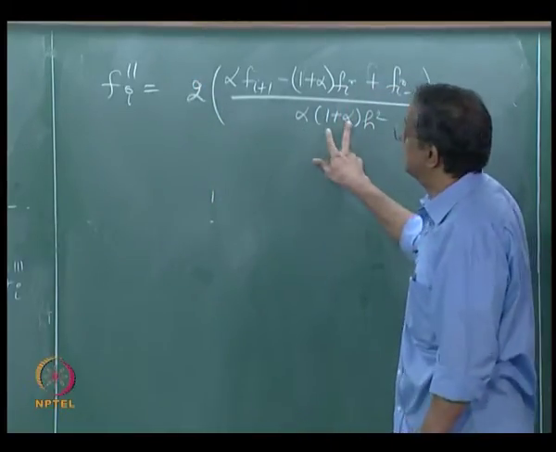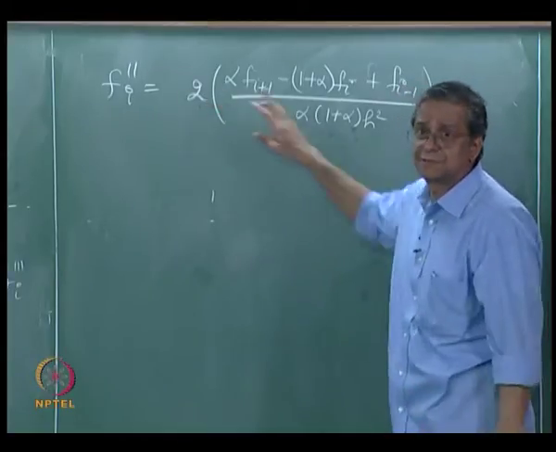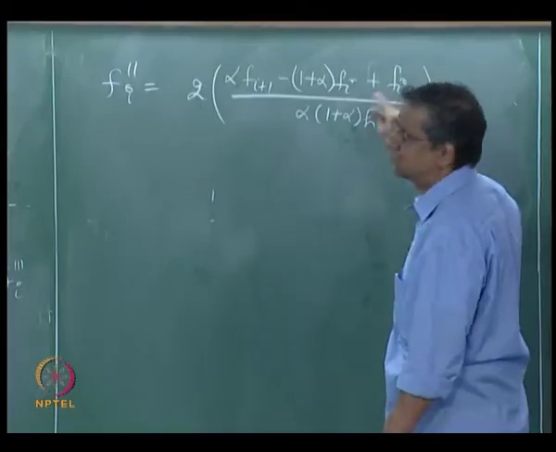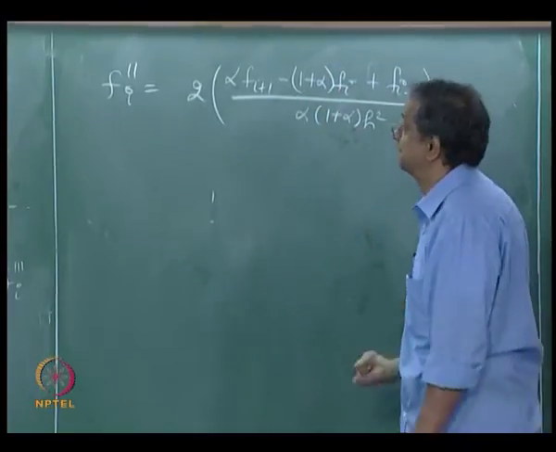So if alpha equals 1, that 2 and this 1 plus alpha will cancel, that is the idea. With alpha equals 1, this will be 1, that is 2, that is 1, it goes back to the standard expression.